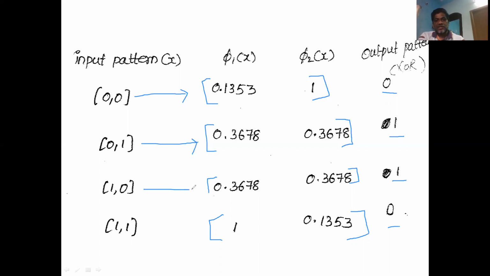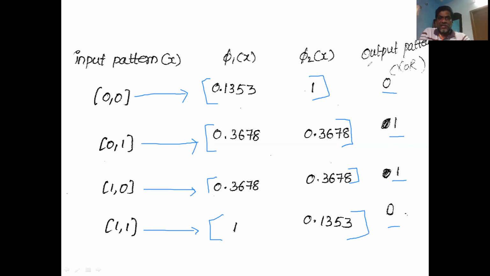Okay, so we'll replace the original input patterns in low dimensional space with these values. For our next check for linear separability, we will use these points to represent in the hyperplane, and these output patterns for separating the input patterns.